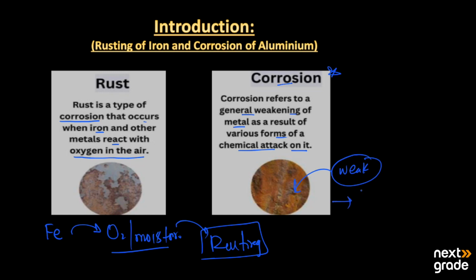Corrosion is also the process in which the surroundings attack the metal and the metal surface is eaten away by the chemical reactions of the surroundings. So this is the simple rusting and corrosion.